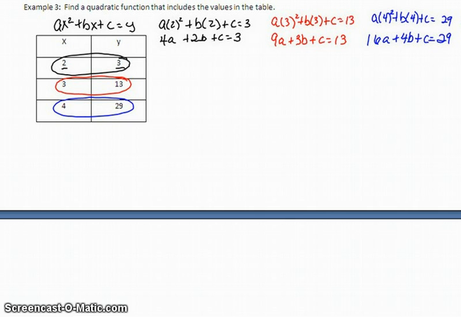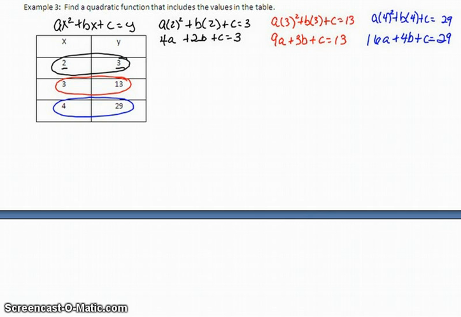Now, step 1 done. Substitute in 3 different ordered pairs into ax squared plus bx plus c equals y. Second step is to solve one of these 3 equations for c. Now, it doesn't matter which equation you select. You can use any of them, and I'm going to just do the first one here.